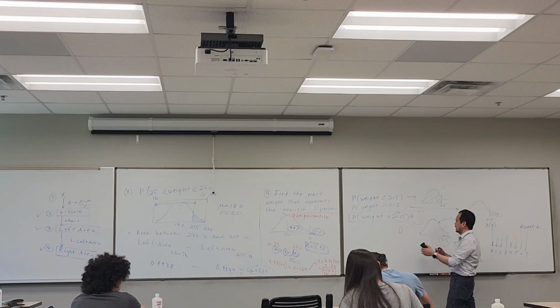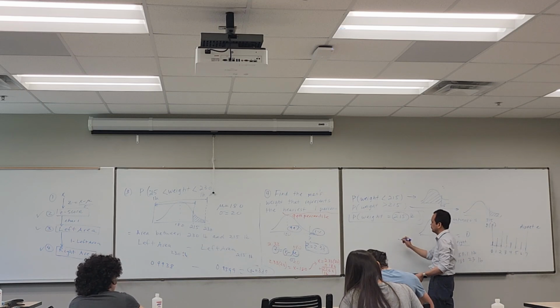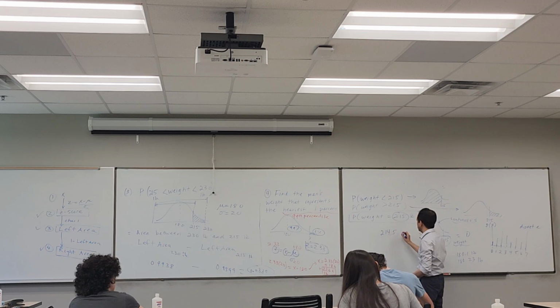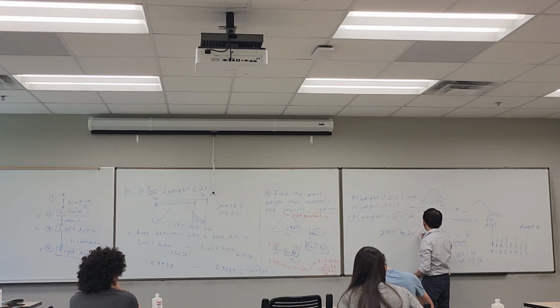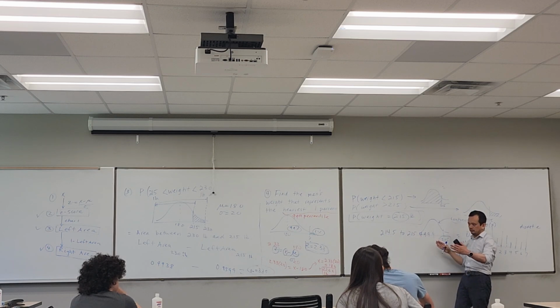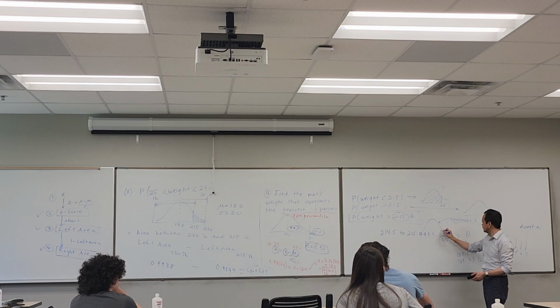But in real life, when you say that somebody weighs 215 pounds, you're actually giving it a tolerance. In real life, weighing 215 pounds is really between approximately 214.5 to 215.49, for example. So in real life, when you say that you weigh 215 pounds, it's really this range of possible weights. And when you have this range, you can definitely find the area of that range under the bell curve, and it's a non-zero probability.